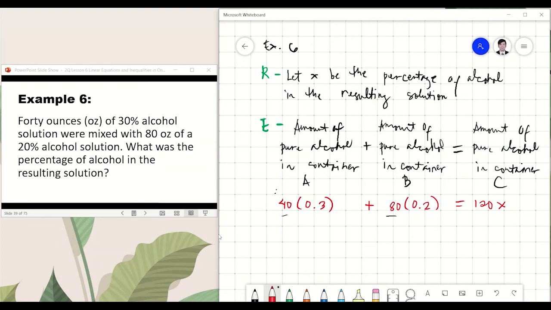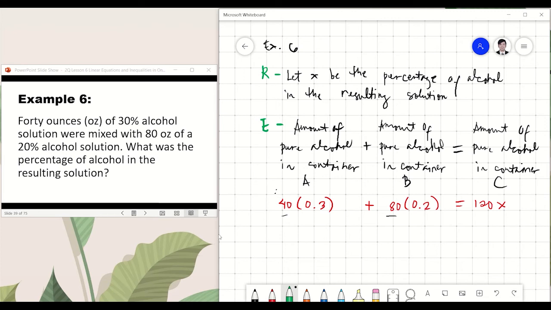Take note, yung una, 40 siya, mas konti lang, pero mas marami yung alcohol. Yung pangalawa naman, in terms of quantity, marami siya compared to the first one, pero konti lang yung alcohol. So ano yung mangyayari sa alcohol solution pag hinalo na natin silang dalawa? That's what we are looking for. Mas dumami kasi pinaghalo natin, naging 120 ounces na siya, pero yung alcohol percentage natin, ano nang nangyayari?